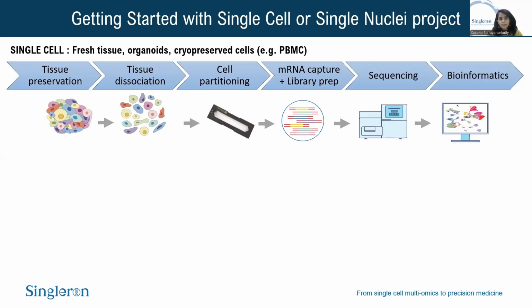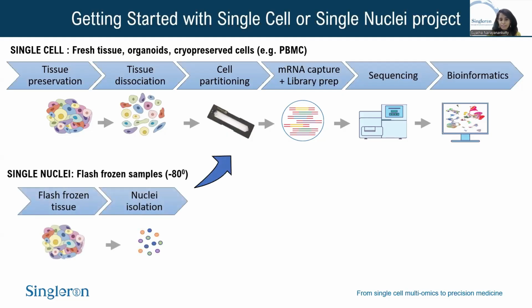What I've shown here is a very standard single cell workflow. You start with preserving the tissue that you collected. You need to dissociate it into a very good, high quality single cell suspension. Then you need to find a way to partition that into individual cells so that you can capture the mRNA at the single cell level. You sequence all of these cells together, and then you have data analysis to tease back which mRNA has come from which cell.